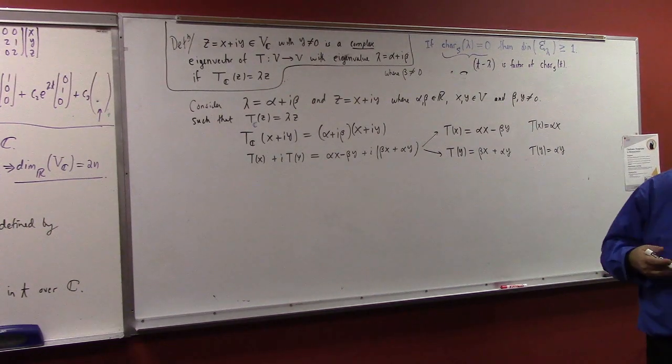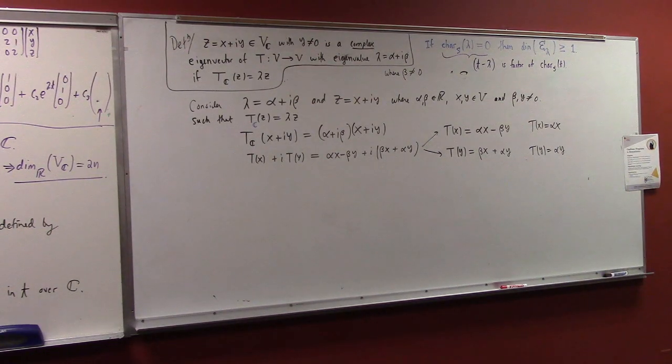Which would mean that alpha is a real eigenvalue of T, so that equation's not unreasonable to think about.